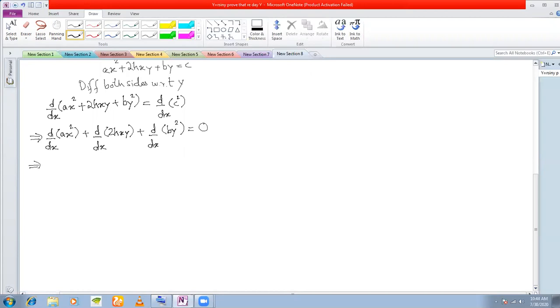Now a is a constant, I can take it out of the differentiation: a d/dx of x square. 2h is a constant, so I can take it out: 2h d/dx xy. b is a constant, I can take it out.